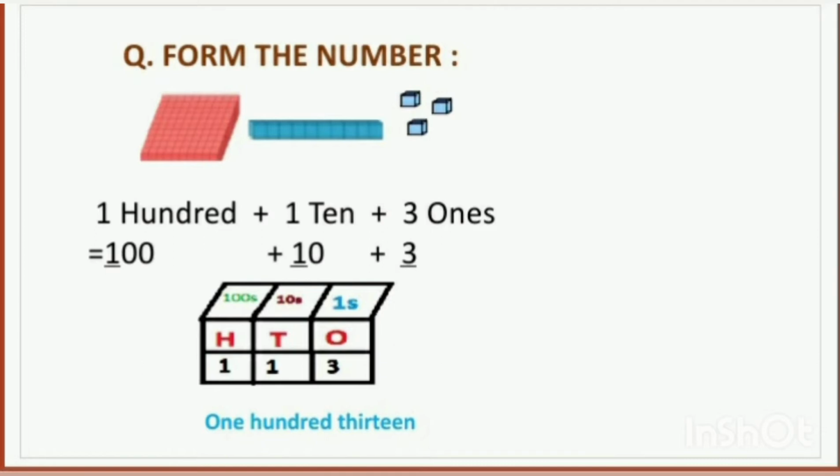You know that from the picture you can make out that one rod is given, that is one stack of 10 is given. So in tens place 1 is written. And you can also see that 100 is given. So in hundreds place also we have written 1.